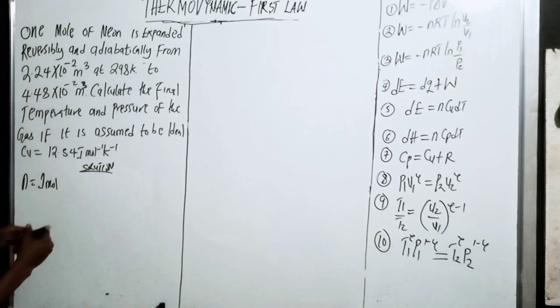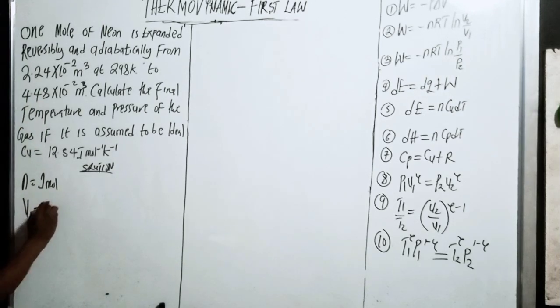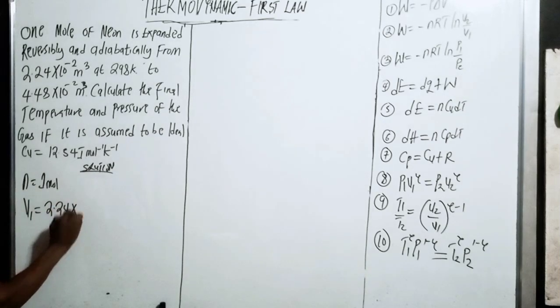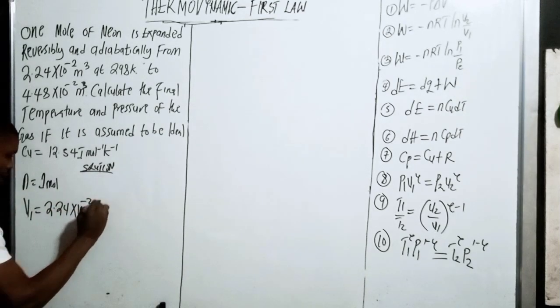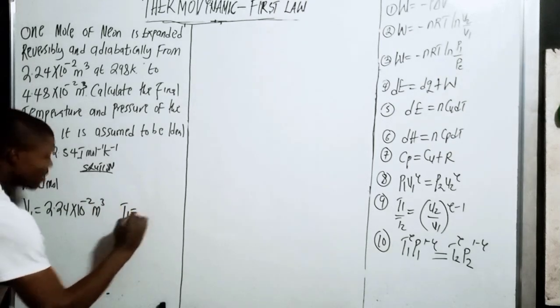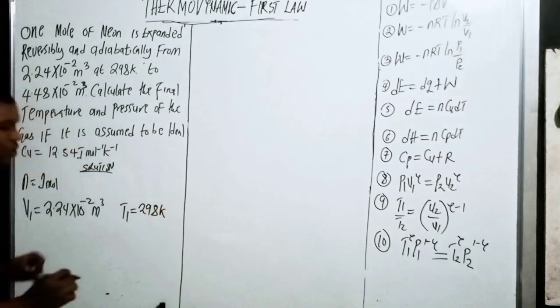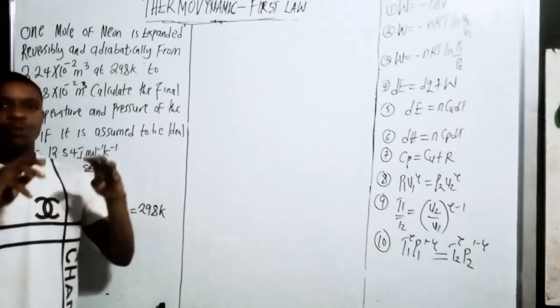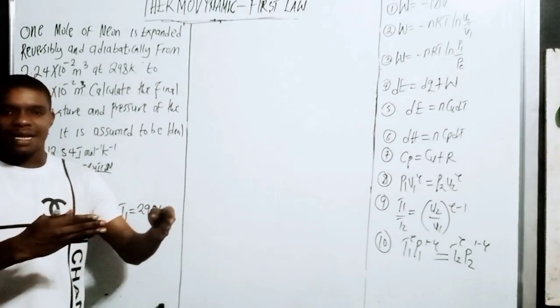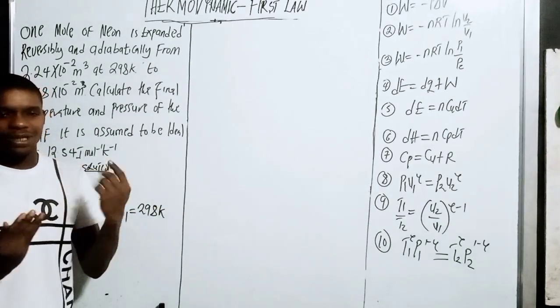Now, my V1 is 2.24 times 10 to the minus 2 meter cube, right? Then my T1 is 298 Kelvin. Now, when you're solving here, you must add speed and accuracy because in your exam you have less time to solve this.